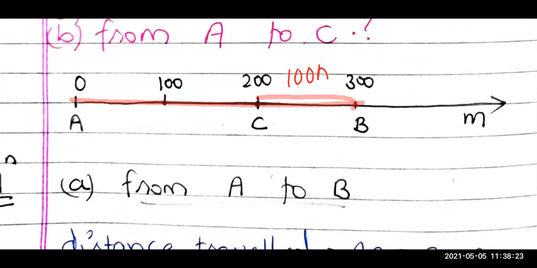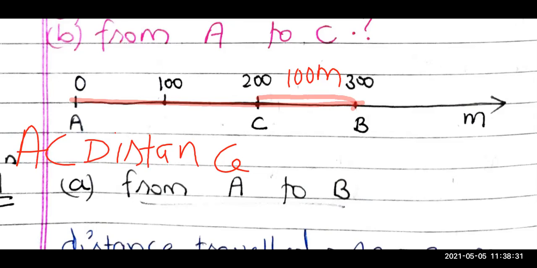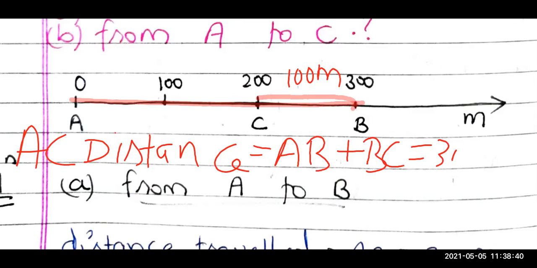So what is the total distance when Joseph is running from A to C? First he is going from A to B and then from B to C. So total distance is 300 plus 100, that is 400 meter.